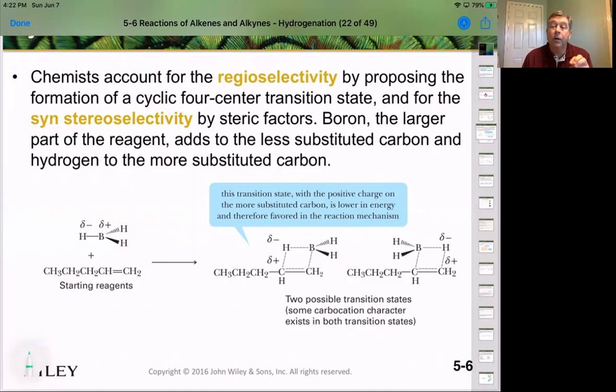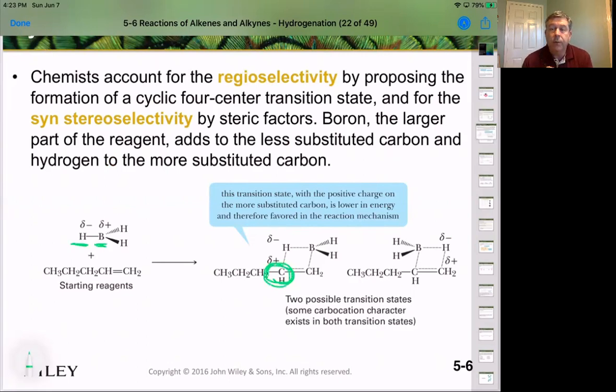So it no longer acts as that Lewis acid. It's actually acting as the Lewis base. And so what we end up getting is that because the hydrogen side is partially negative and the boron side is partially positive, we start to form a carbocation.